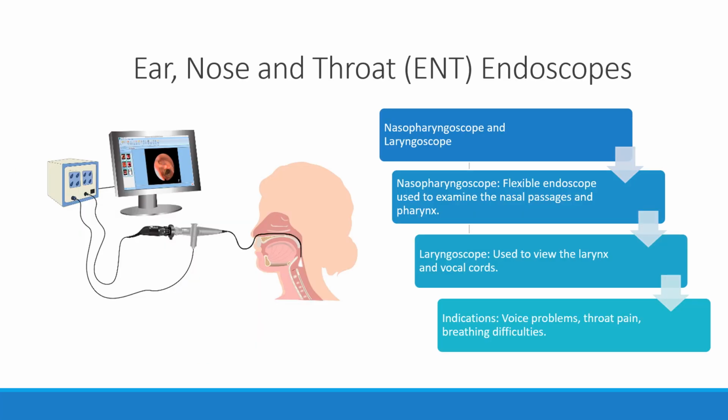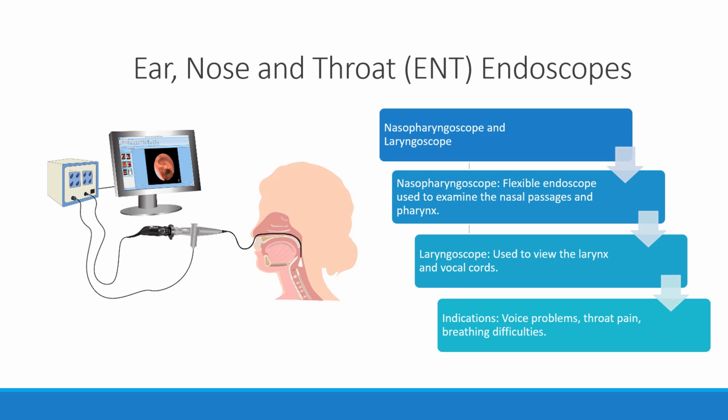Okay, and last but not least is your ear, nose, and throat endoscope. So the first one is your nasopharyngoscope and your laryngoscope. So the first one looks through your nose, down the back of it to your pharynx, which is the upper portion of the back of your throat. Laryngoscope actually goes down the back of your mouth to your larynx.